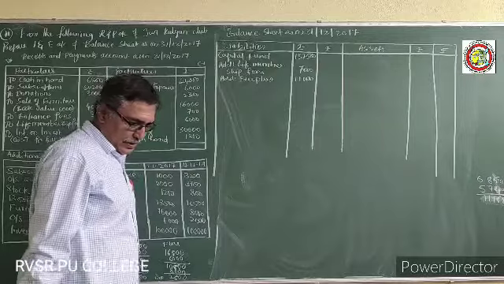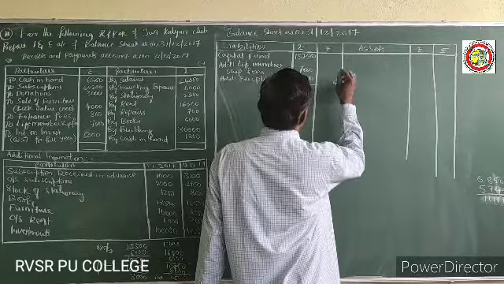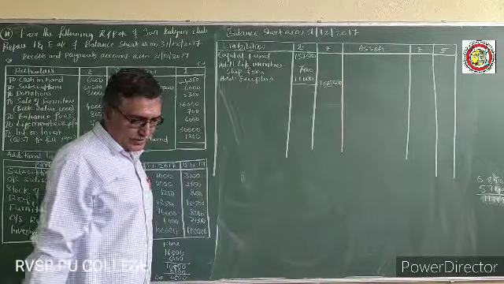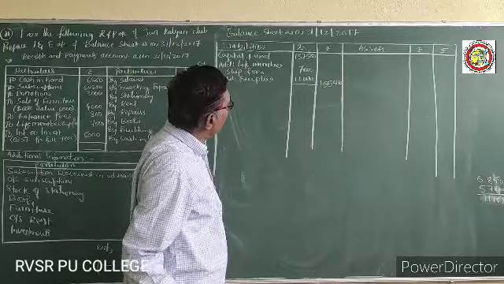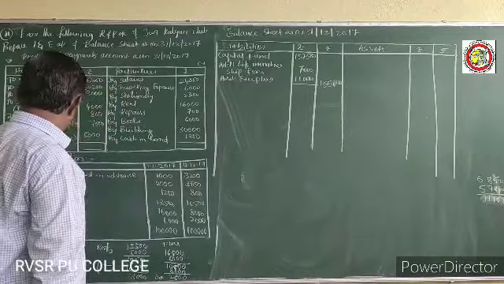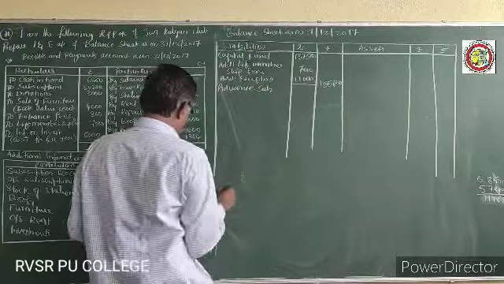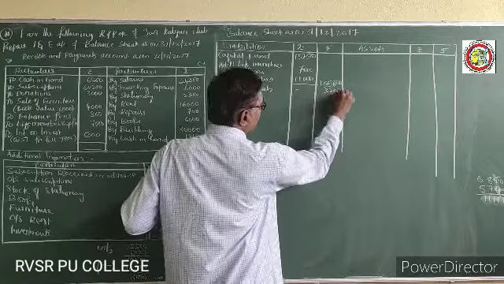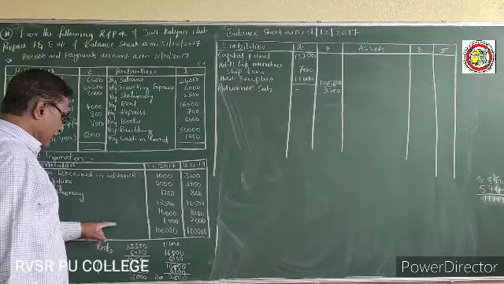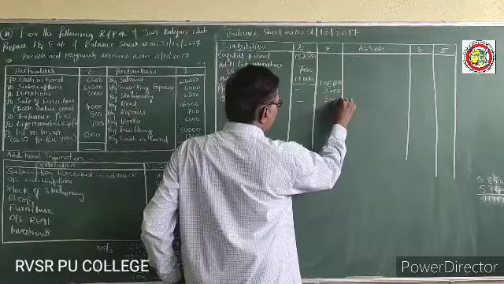Overall 1,55,600. Next is advance subscription 3,200. Next is the outstanding rent 2,000.